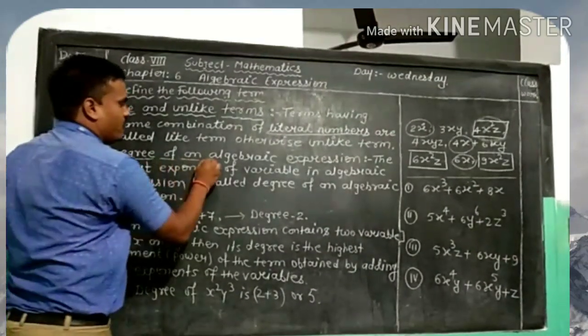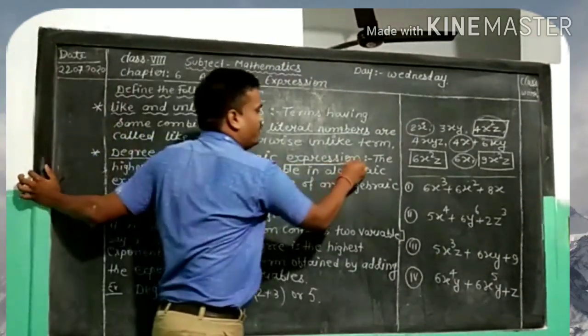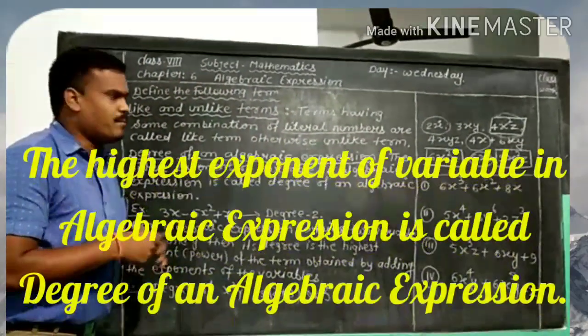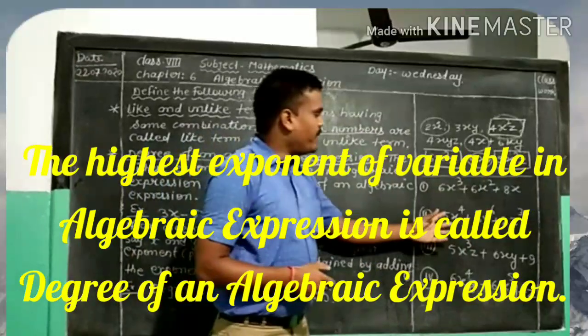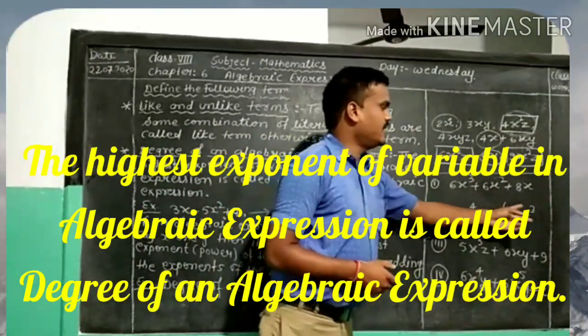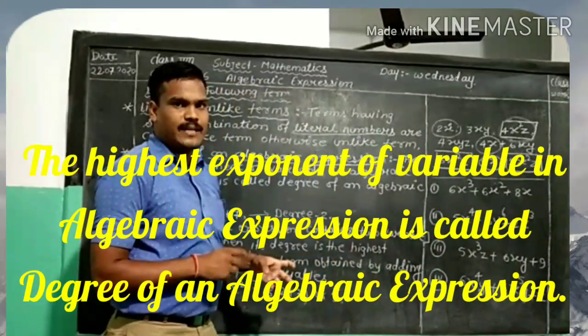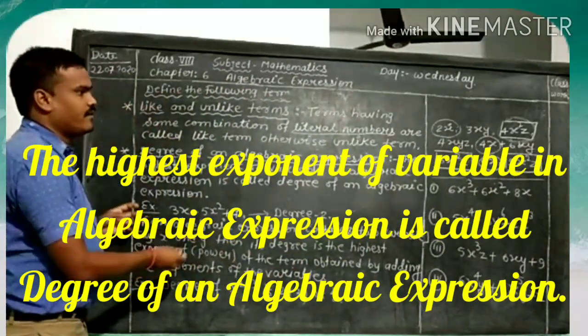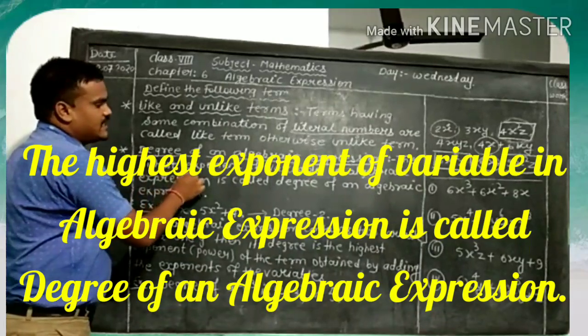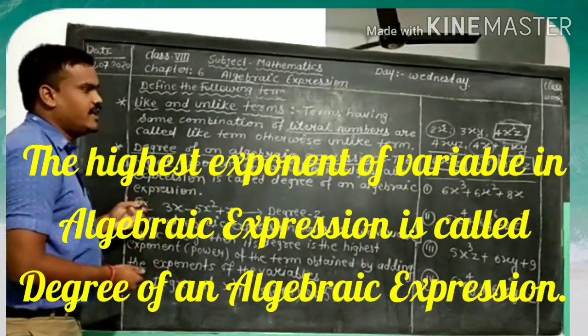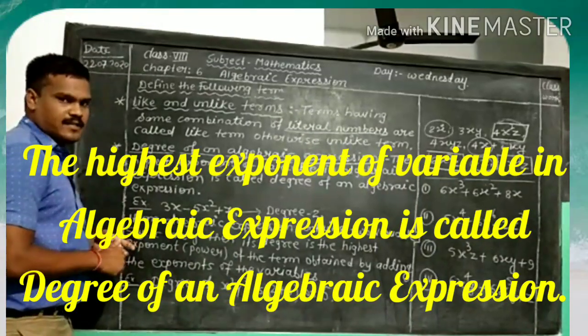Second part, degree of an algebraic expression. How will you find the degree of an algebraic expression? What is called degree? Degree means power. The highest exponent of a variable in an algebraic expression is called the degree of the algebraic expression.